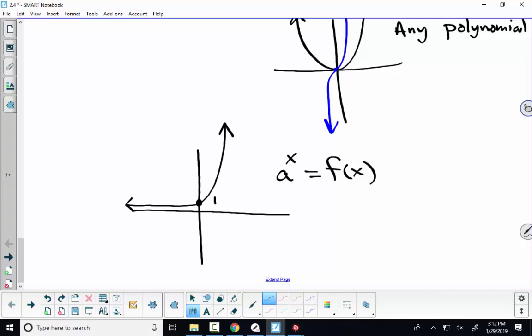Do you remember the scenario where we're talking about a rational function? You had to look at the degree of the numerator and the degree of the denominator and say, okay, well, is the degree of the numerator larger than the degree of the denominator? If so, then there's a horizontal asymptote here. Is the degree of the denominator larger than the degree of the numerator? If so, then there's a horizontal asymptote here, right?